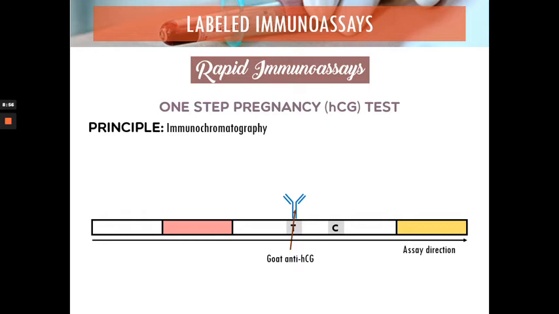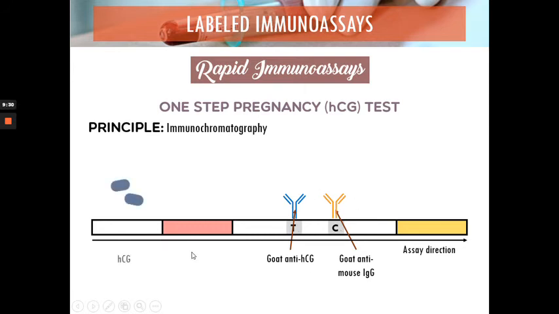Those antibodies are then extracted and purified for use as the reagent. So on the test line you have a goat anti-HCG, and on the control line you have a goat anti-mouse IgG, an antibody against IgG. So it's an antibody against an antibody. These antibodies are already waiting on your test line and control line.